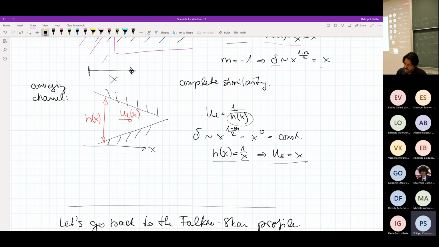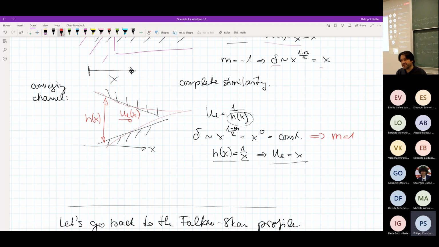Sorry, I'm kind of improvising this. So we want the constant boundary layer thickness, then that means m is 1, and if m is 1, UE is x, and that means that h is 1 over x, for instance. So now, if you want to have a constant boundary layer thickness, the wall would actually not be straight, it would be something like that.